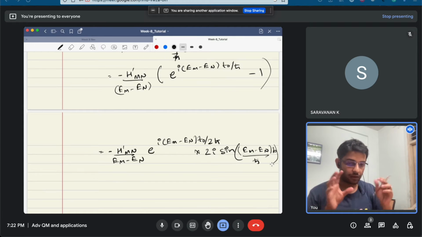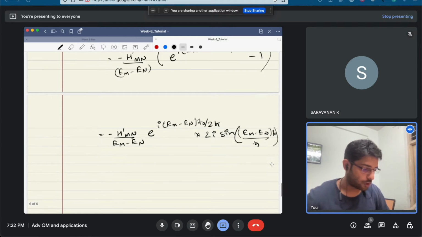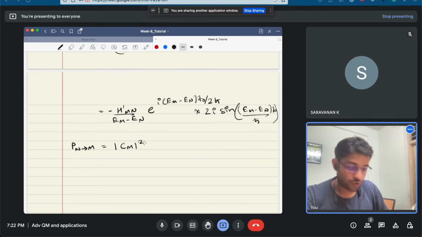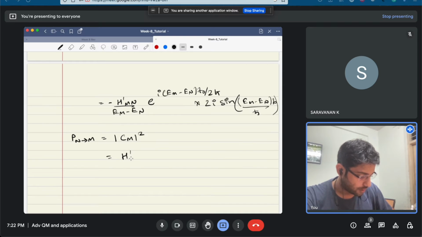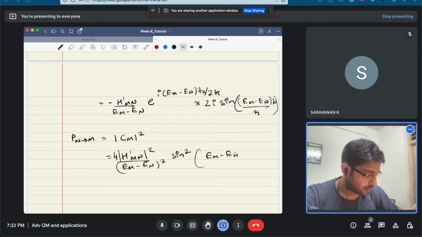You just take out the half and you get e to the power x minus e to the power minus x, and you multiply by 2i in the numerator and denominator, and you end up getting a sine function. Now the probability of transition from n to m is nothing but the mod square of Cm, which we have just found out. So this essentially comes out to be mod H prime mn squared by (Em minus En) whole squared, and we have a 4 factor coming from the 2 squared, times sine squared of (Em minus En) t naught by 2 h bar.